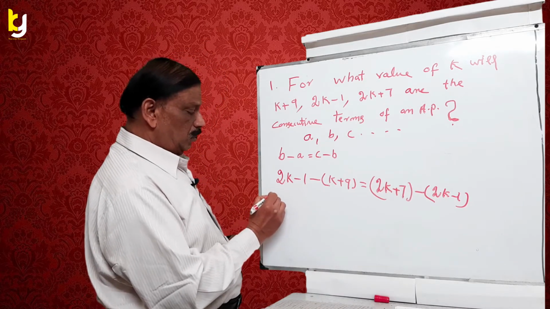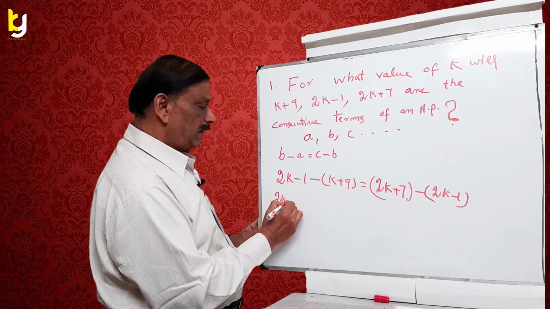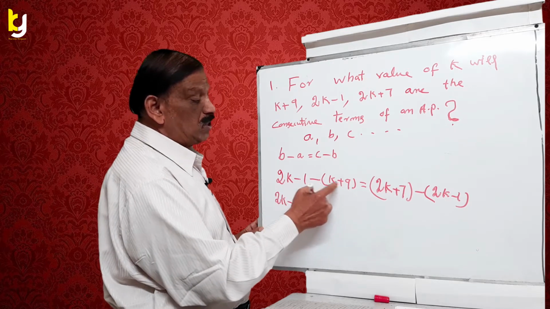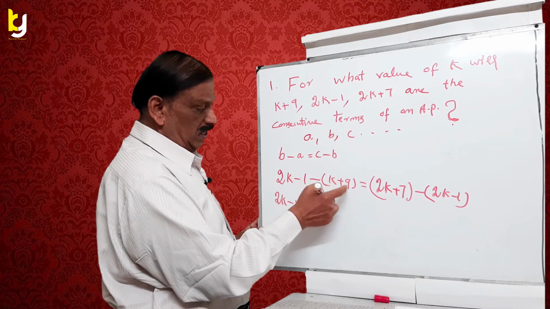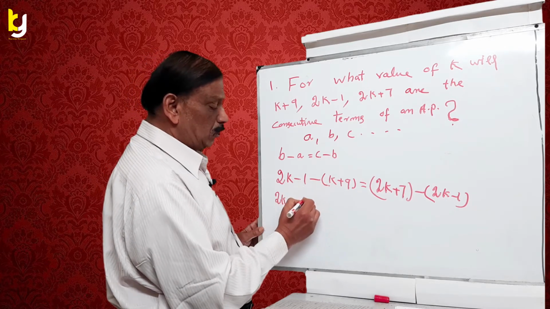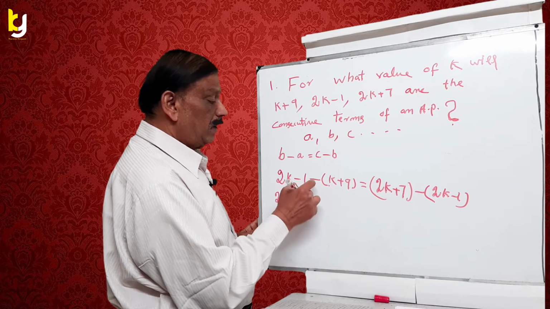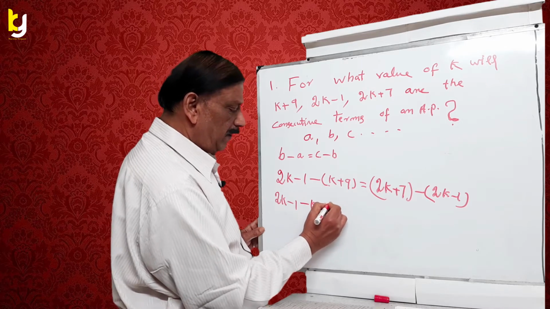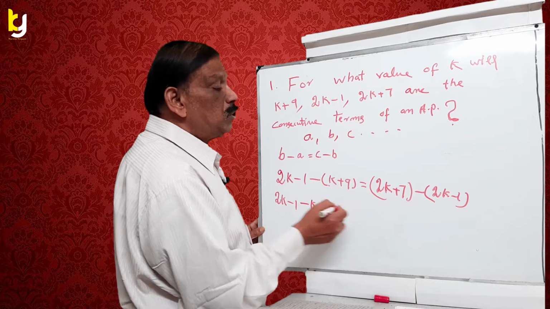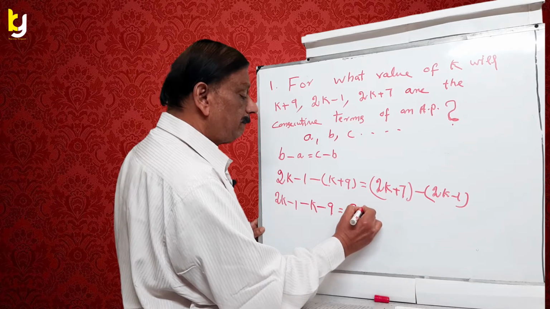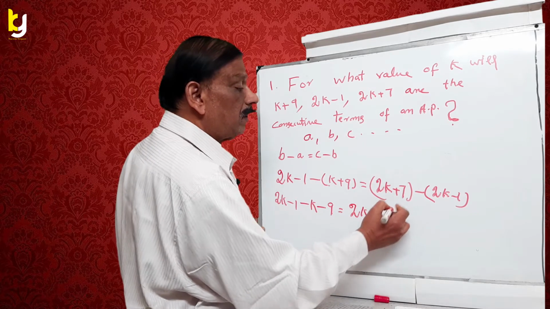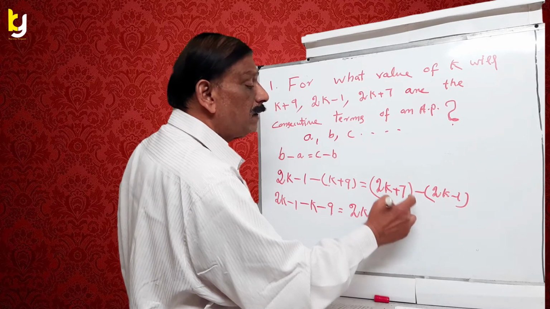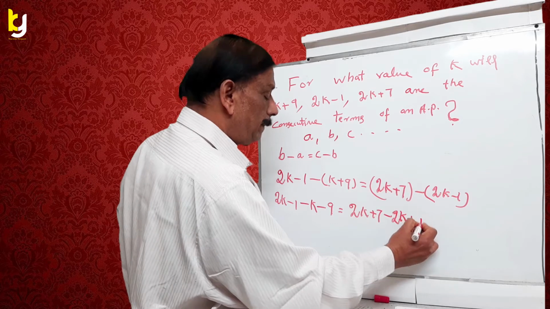Then this is equal to 2k minus 1, multiply minus 1 to both the terms. So minus into k is minus k, minus into plus 9 is minus 9, which equals 2k plus 7, minus into 2k is minus 2k, minus into minus 1 is plus 1.